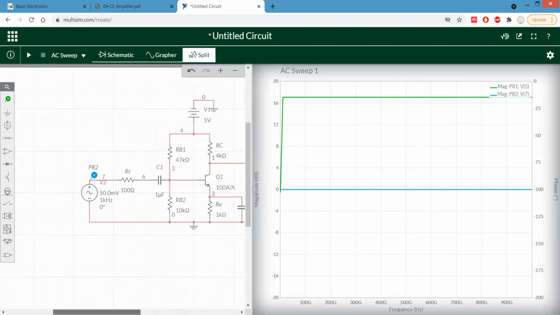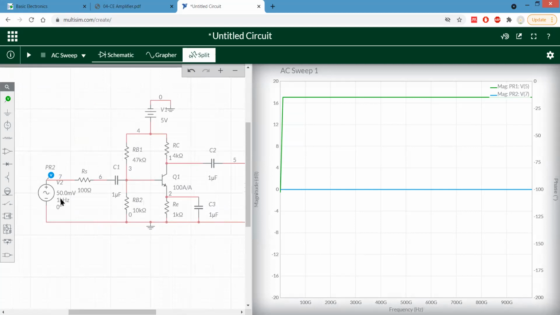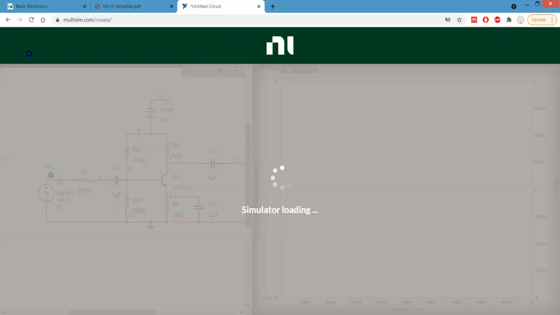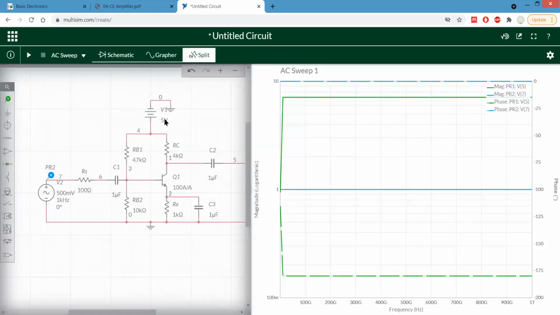I don't know why it is not showing. Let me change it and check whether it is working or not.